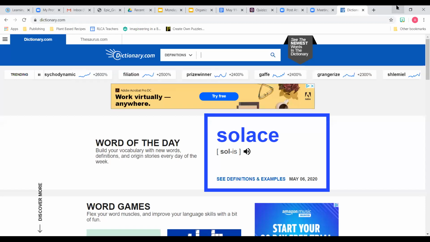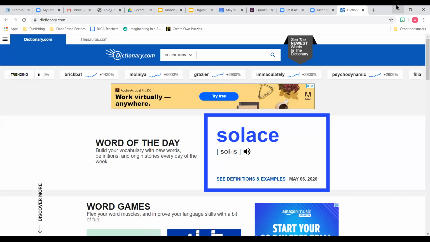One of the things that you can use through technology is an internet browser, just like Google, but it's called dictionary.com. And dictionary.com is a place where you can look up the definitions of words, and you don't have to go through each page and find the first entry word and the last entry word.